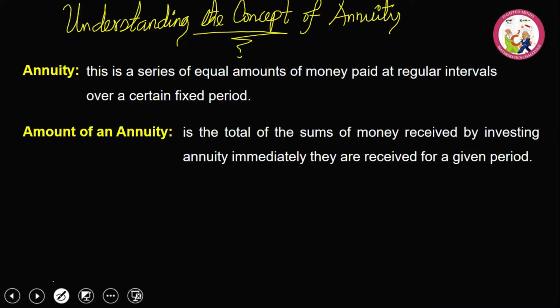At the end of the second year, receive the same amount of money, 10,000 naira, invest it again for the next 3 years. At the end of the third year, you collect that same amount of money, invest it for the next 2 years. And once you do that up to the fifth year, the total amount of money you receive at the end of the fifth year is what is referred to as amount of an annuity.